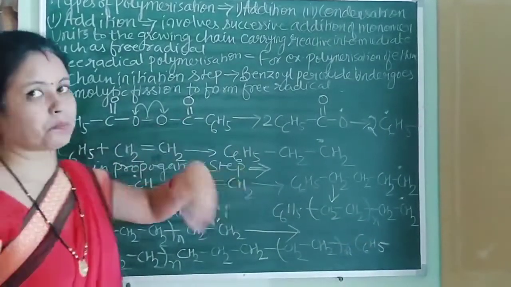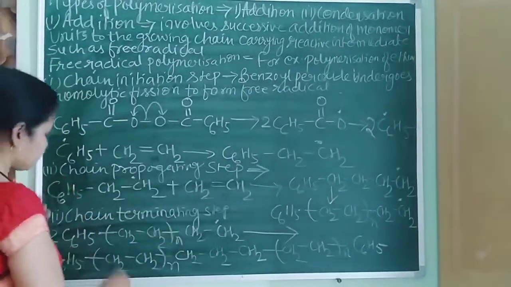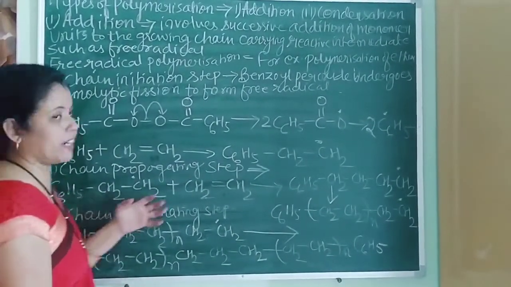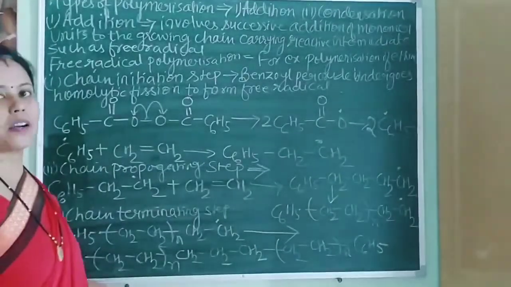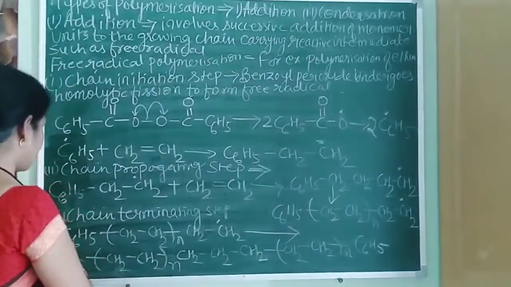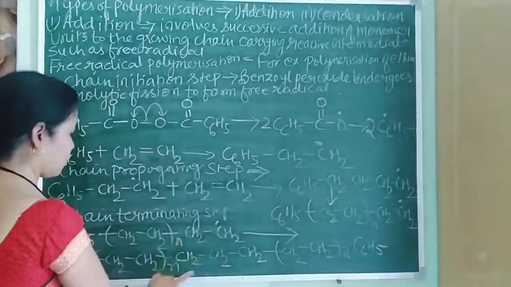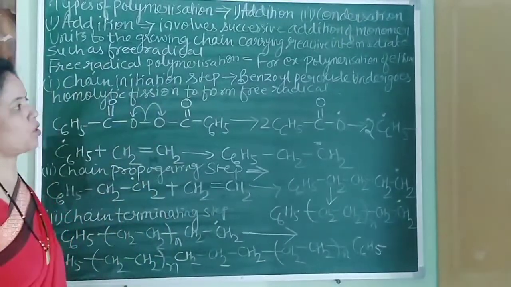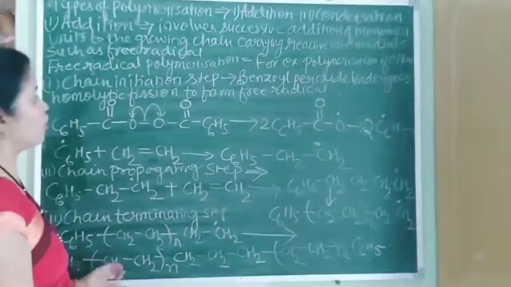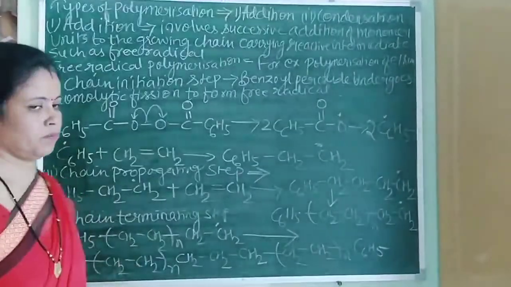So the chain is propagating, it means the reaction is propagating. Now the third one is the chain terminating step. In the chain terminating step, two free radicals combine together. See here, 2 C6H5, these are the free radicals. Two free radicals combine and polythene is formed. So this is the mechanism of polymerization of ethene.